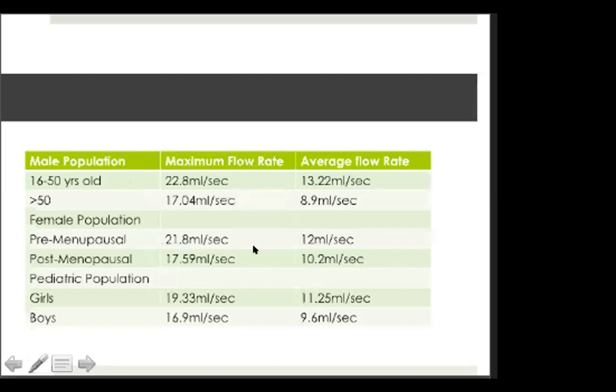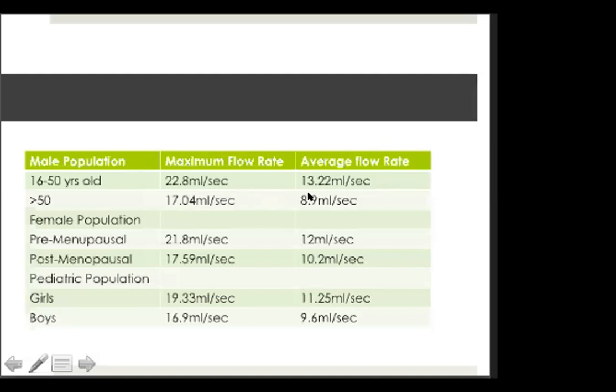So this table shows yung normal with relation to age group, no? So for the male, for 16 to 50 years old, yung maximum flow rate niya is at least 22.8 ml per second. Then if the patient is above 50, at least 17 ml per second.